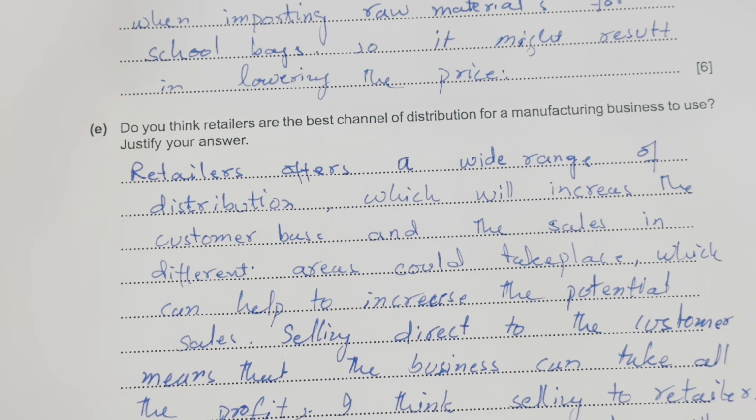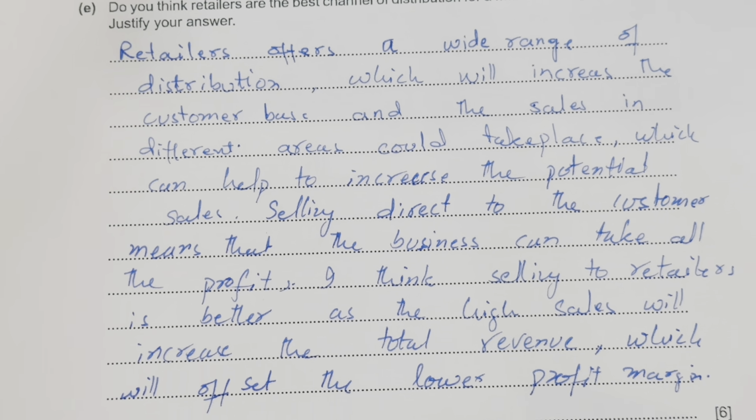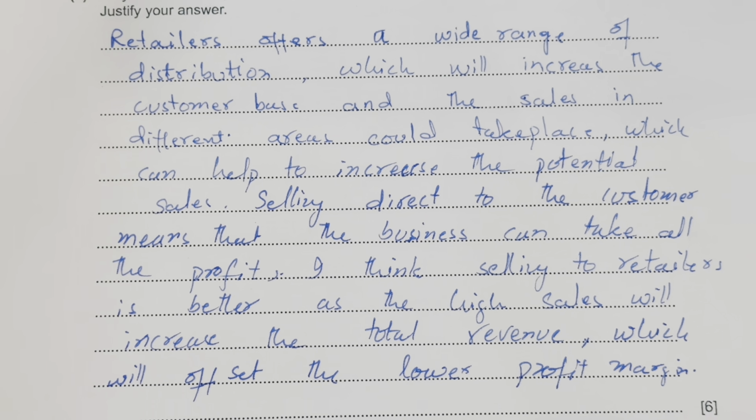Selling direct to the customer means that the business can take all the profit. I think selling to the retailer is better, as the high sales will increase the total revenue, which will offset the lower profit margin.